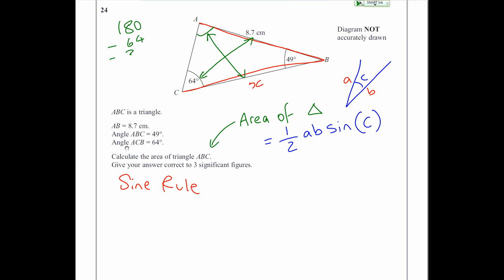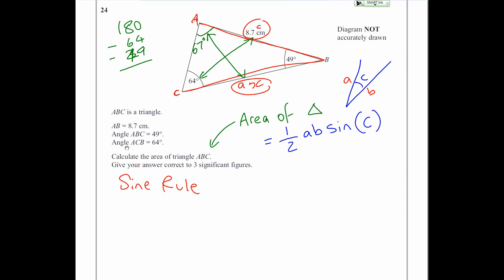So you just take away the other two angles. 180 minus 64 minus 49. And you get 67 degrees. Now the sine rule says that a opposite is the length a and c opposite is the length c.